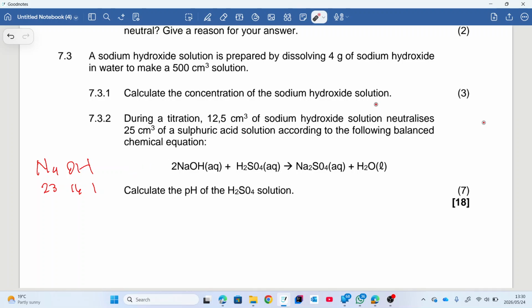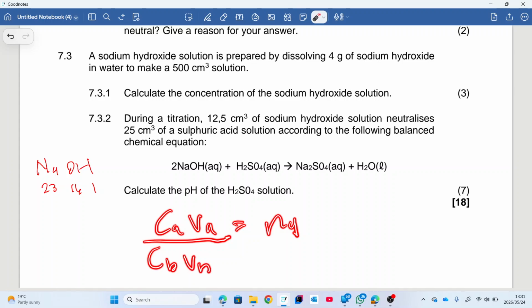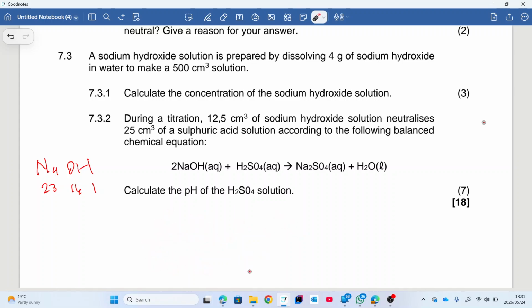Because we've got two volumes, I'm thinking of the Savannah solution. Oh, C B V. You know that kind of solution equation, eh? Yes, I know.